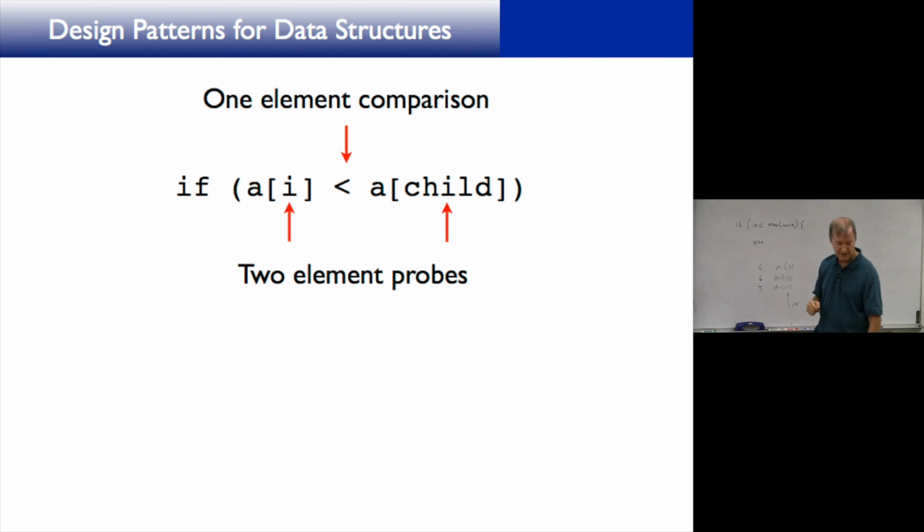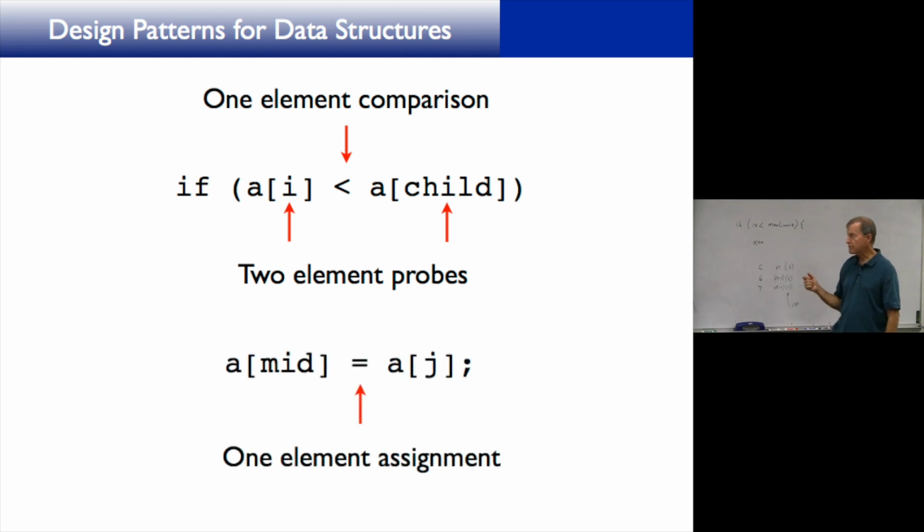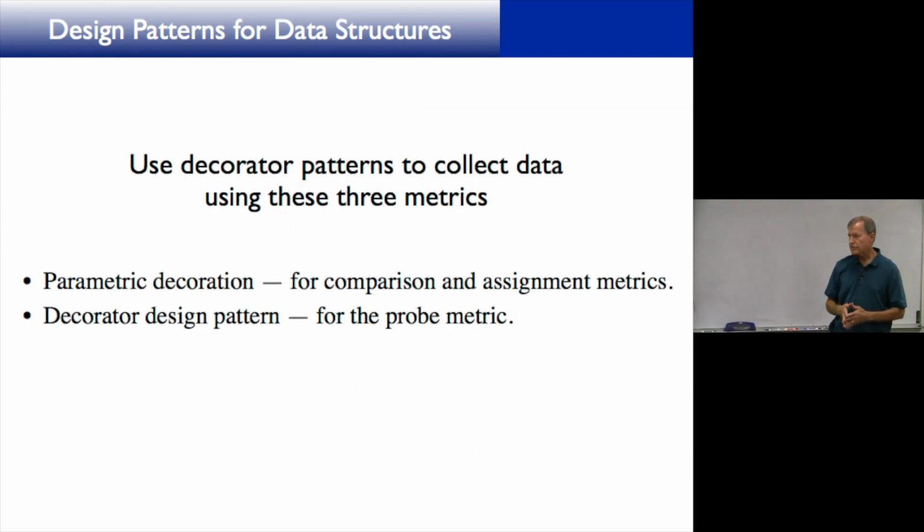And then the third one is we're going to have a way to count whenever you make an assignment to an element of an array. So that's one element assignment. And I think that's where we ended last time. What we're going to do now is there are 2 decorator patterns that we are going to use to collect data.